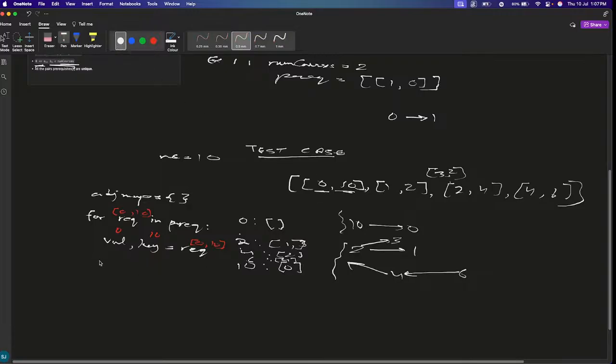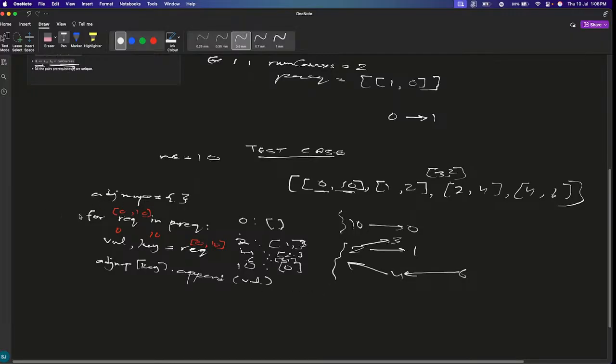So your adjacency map of key, let me dot append. There you go.